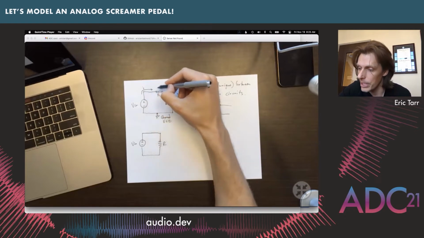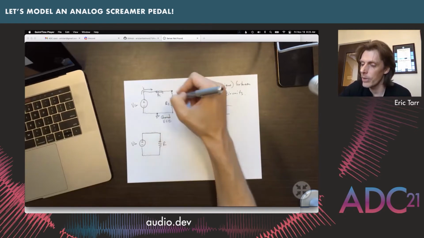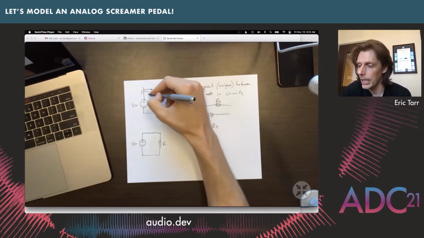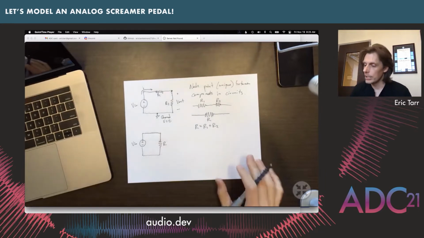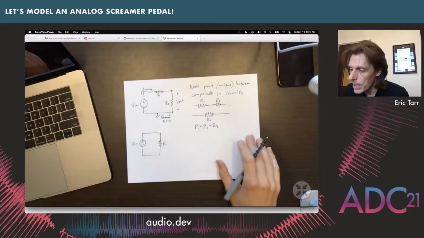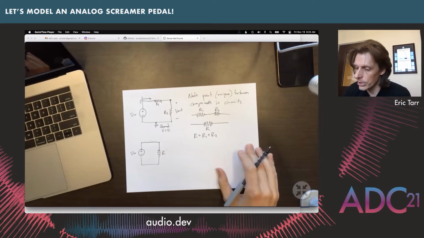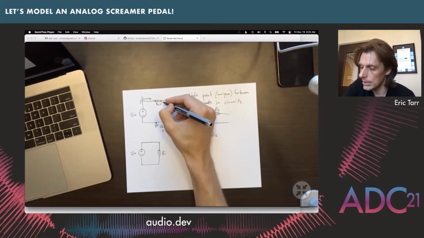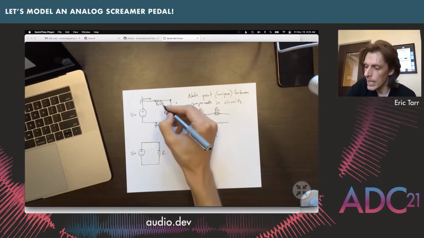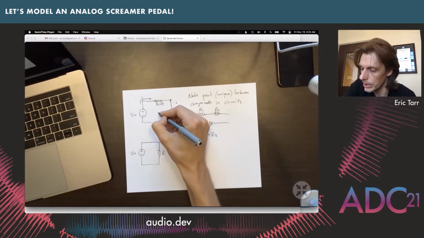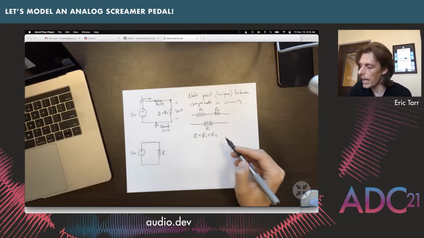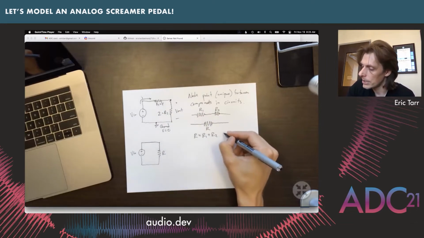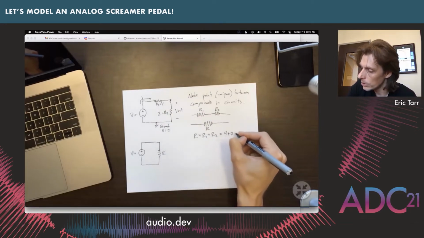That current is going to be going through both resistors, and then we can go back through and plug it in to look at the other ones. Just for the sake of this example, let me plug in some values for the resistors. Let's call this one a resistance of 4, and this one a resistance of 2. If we combine those together, our resistance is 4 plus 2 equals 6.